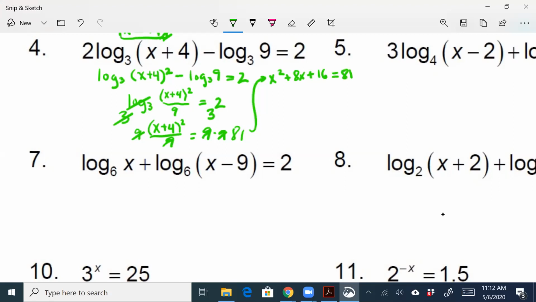Equals 81. Now I want to subtract 81 from both sides. And 16 minus 81 would be negative 65. Equals 0.